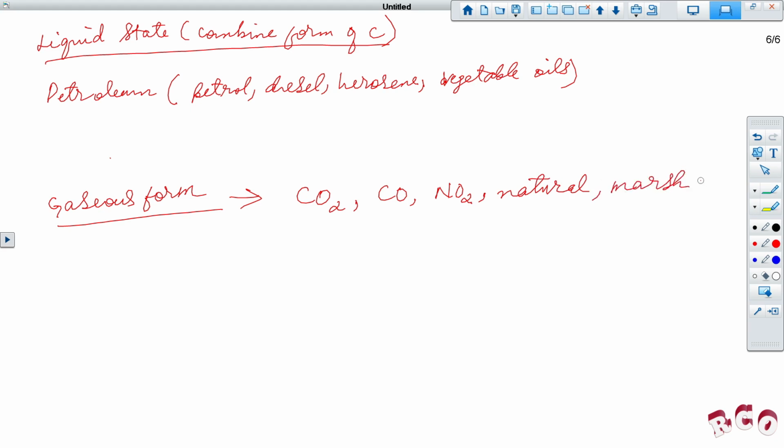You might have heard of it, marsh gas. And then coal gas and all this. So these are some compounds of carbon in the combined state. They are present in solid, liquid and gaseous forms.